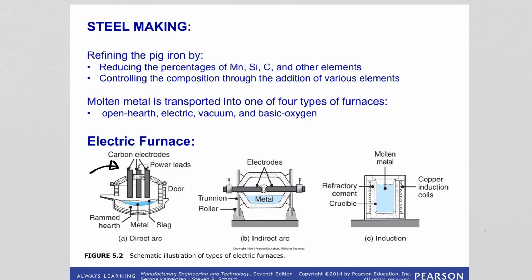The current is then shut off, the electrodes are raised, the furnace is tilted, and the molten metal is poured into a ladle. Remember, a ladle is basically a receptacle used in transferring and pouring molten metal. We will use the same terminology over and over again.